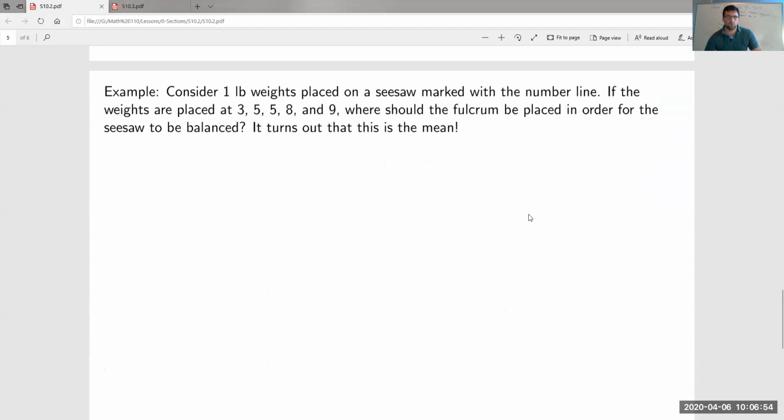So let's do an example, kind of continuing on from last time, and look at what kinds of things we can tell from these different measures of central tendency.